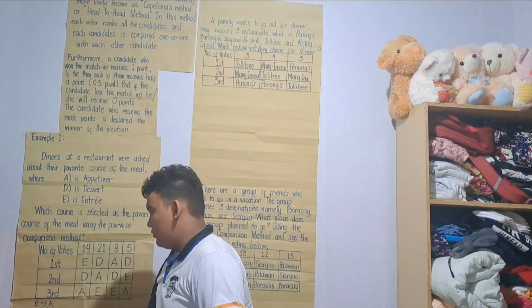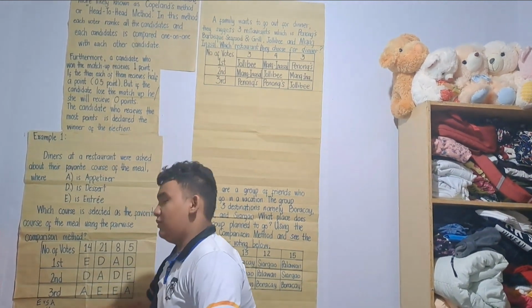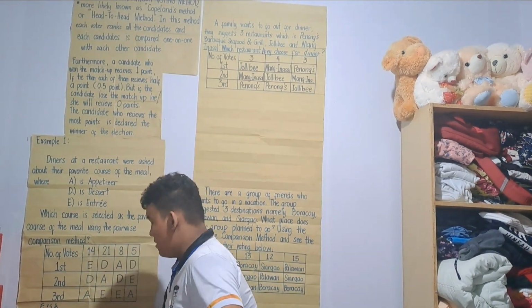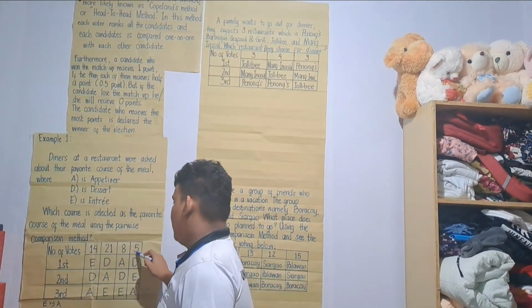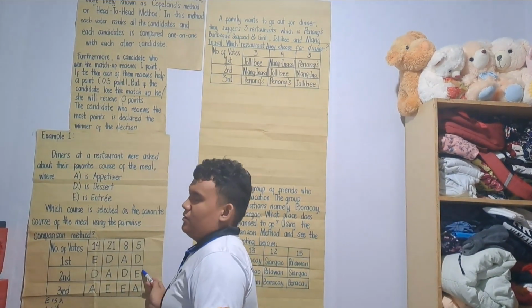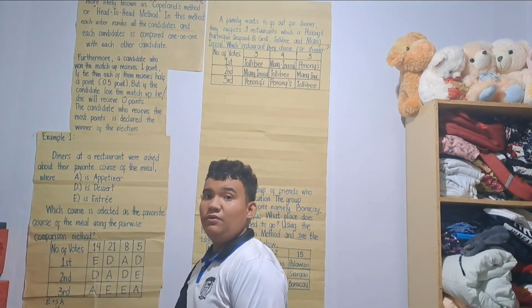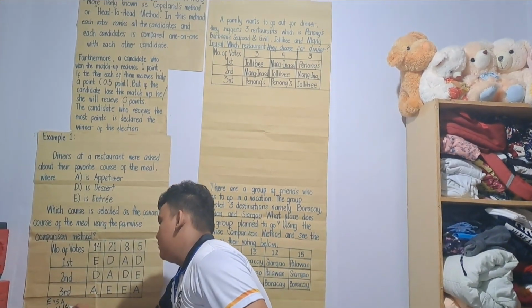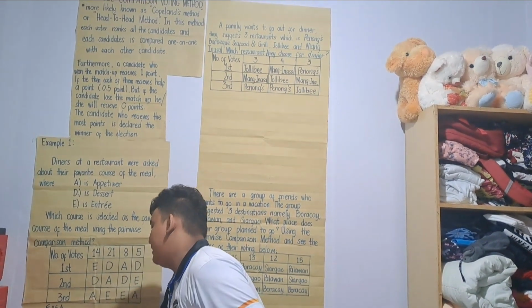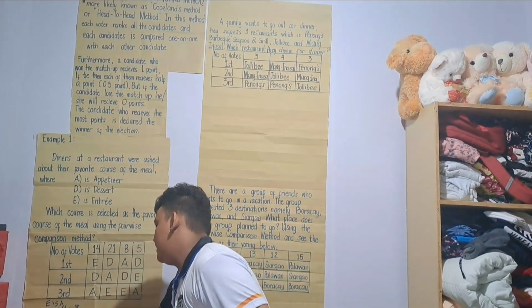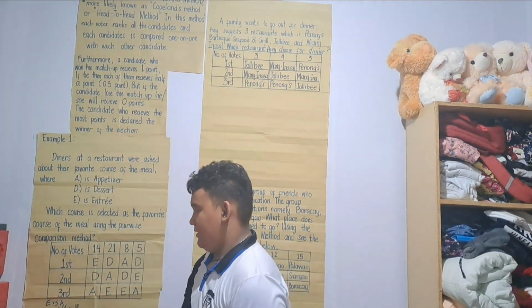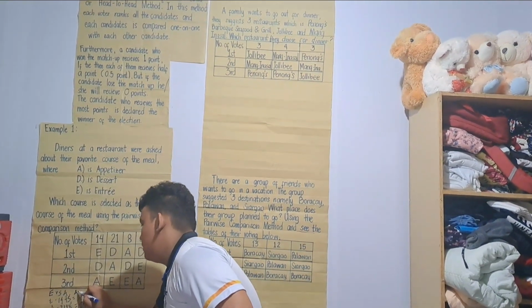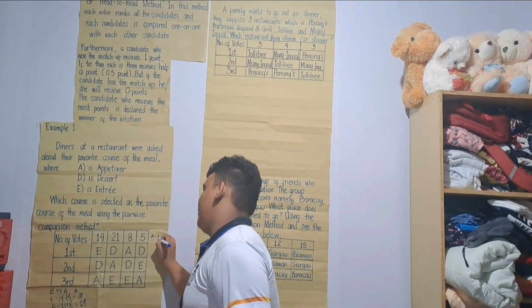So it's 21 plus 8. In the last column, entree is the preferable meal. So 14 plus 5 equals 19. Then 21 plus 8 equals 29. So the winner in this matchup is appetizer. Appetizer has 1 point.